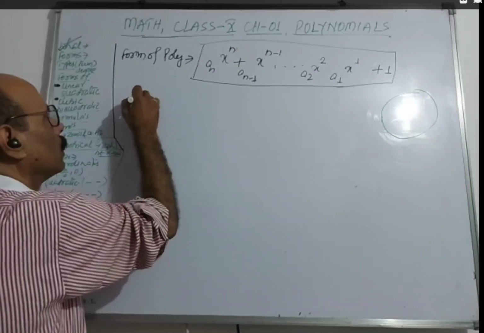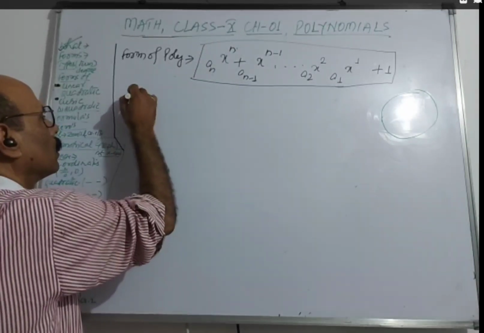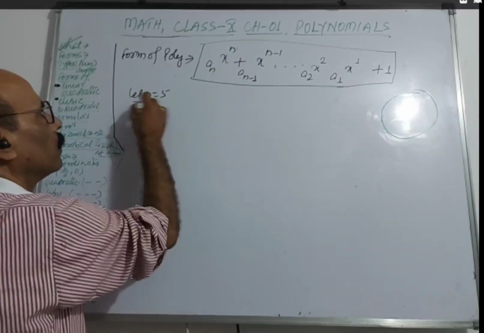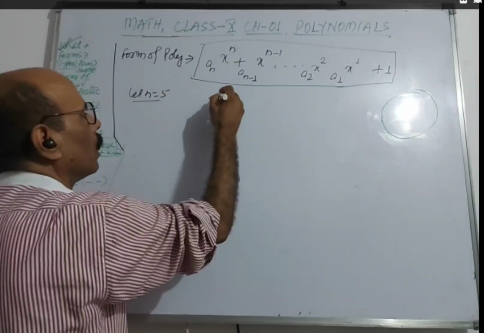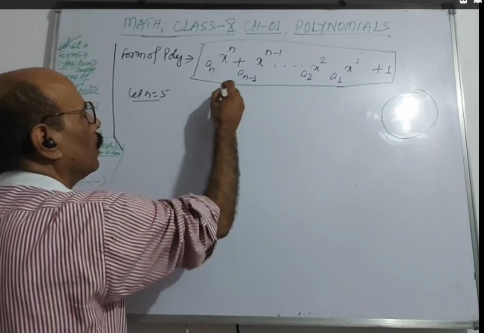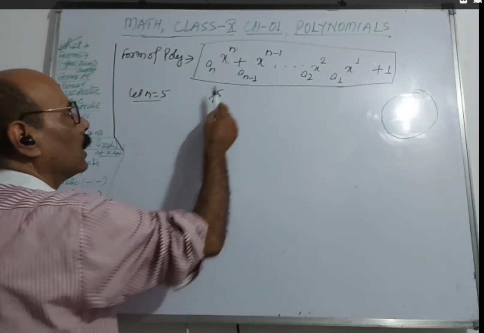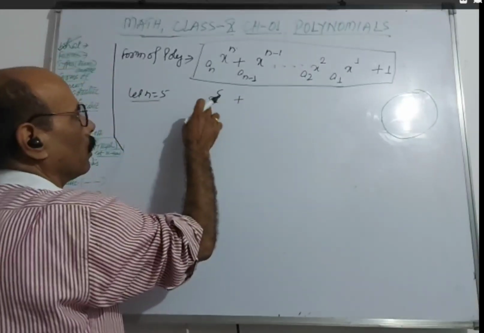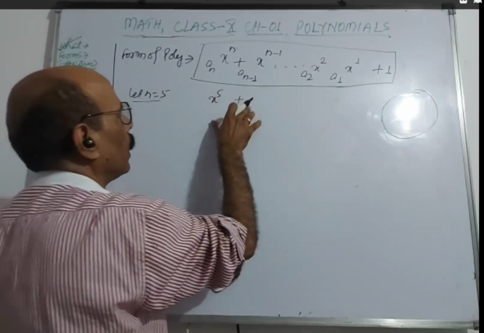Then this will be x to the power 5. Certainly the next x, coefficient we will write later on. X to the power 5.